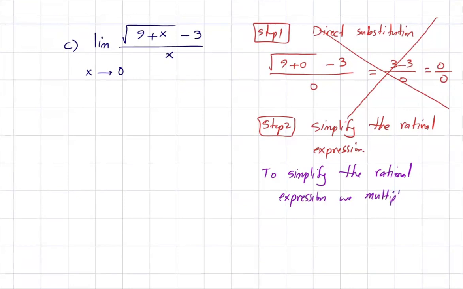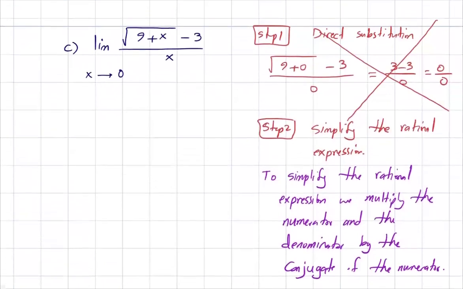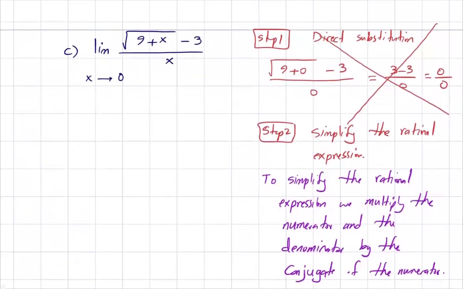We multiply the numerator and the denominator by the conjugate of the numerator. My numerator is in radical form. That's why I'm going to use the conjugate of the numerator.